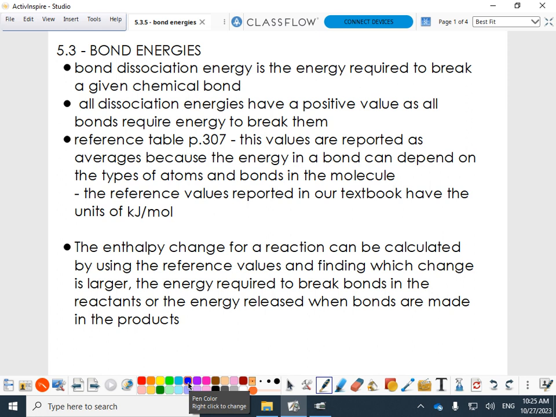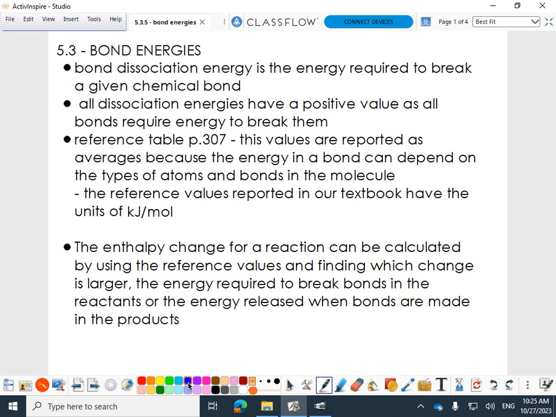That's how the values are reported, because there's still a lot going on in a reaction, not just straight up breaking the bonds and making new ones.